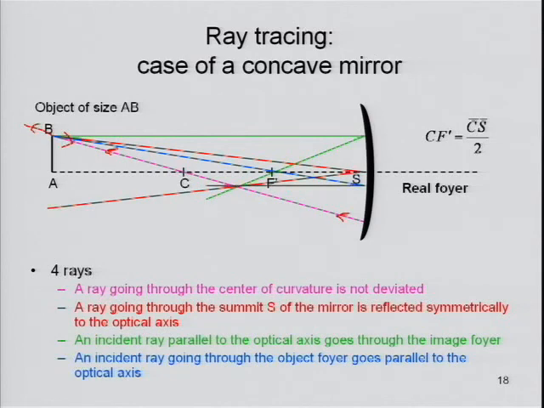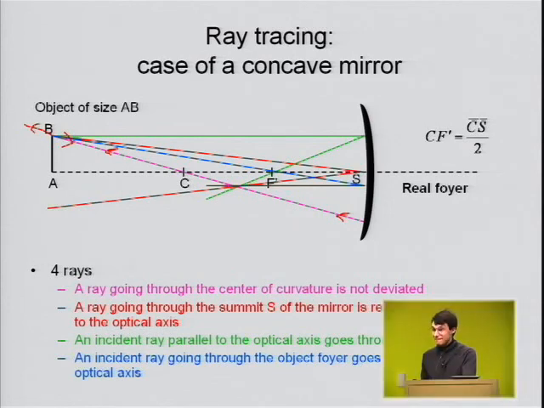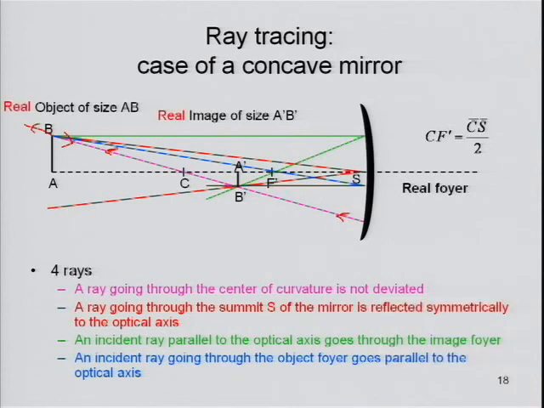So where's the image? Yep, that's right. In this case, I have a real object and also a real image, because if I put a screen, I'll be able to see A prime B prime. My rays are converging on the same side of my mirror.